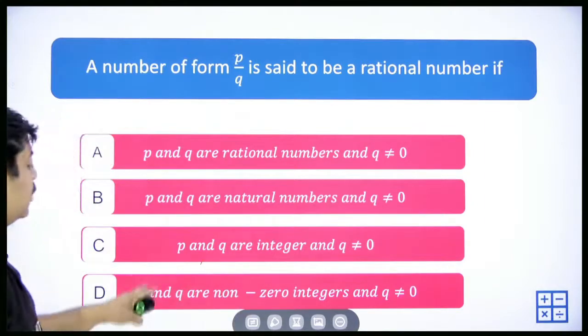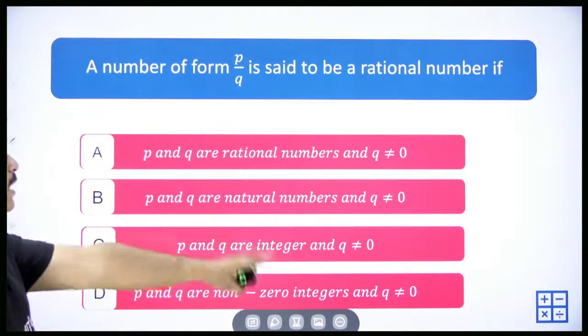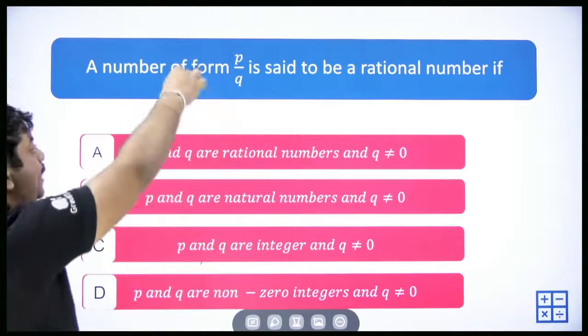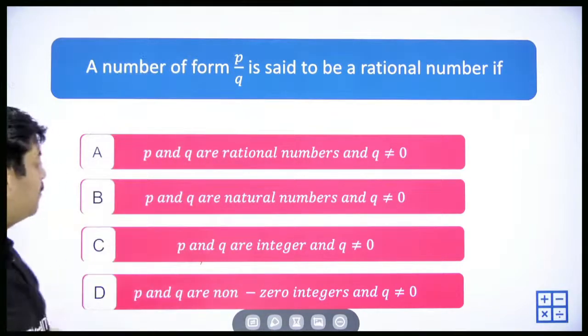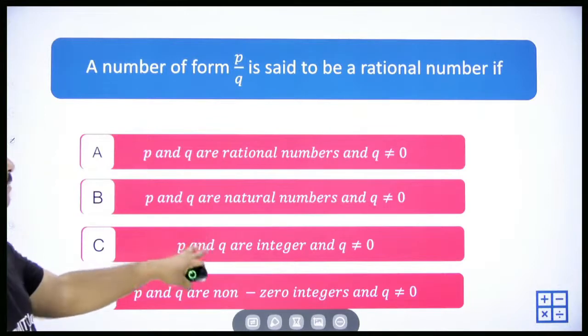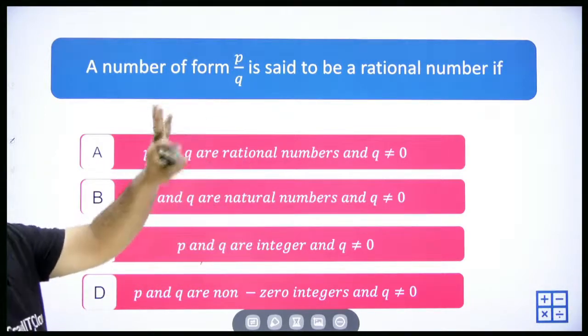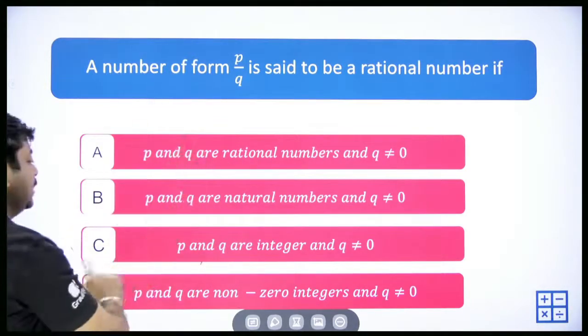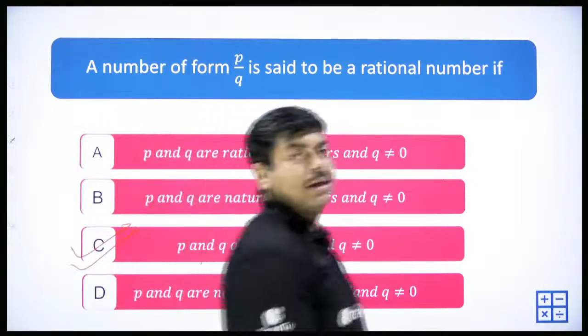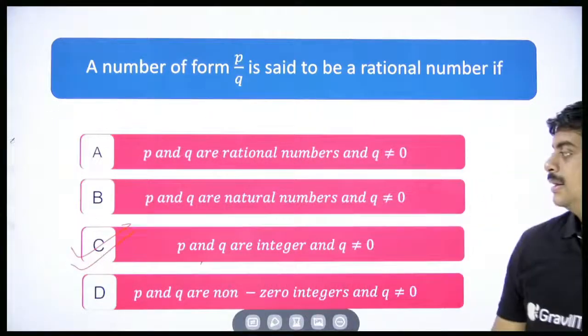Last one, P and Q are non-zero integers and Q not equal to 0, right? So P can be 0. P and Q are integers, and it is defined for Q not equal to 0. So P and Q can be any integers and Q is not equal to 0. That is option C.